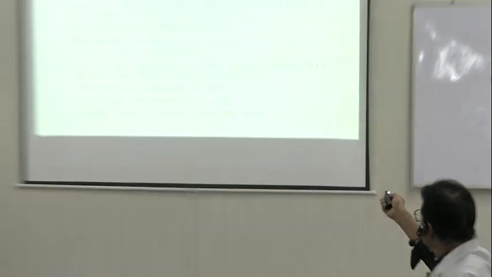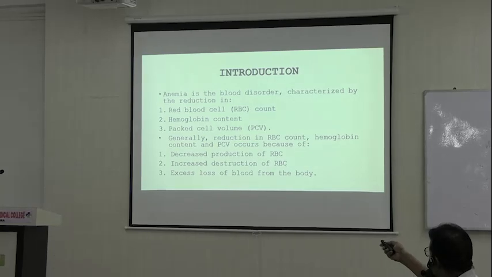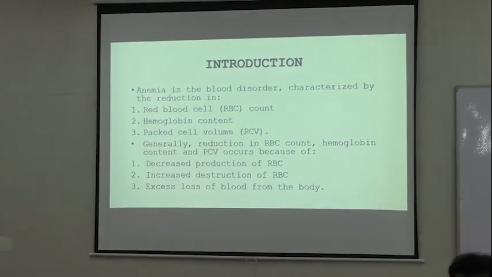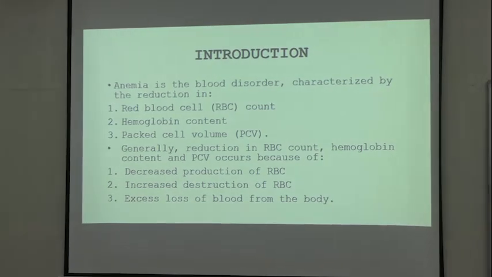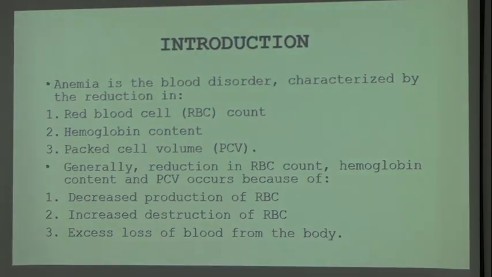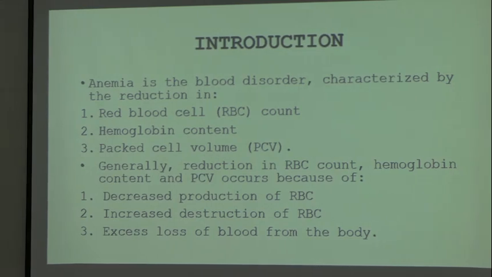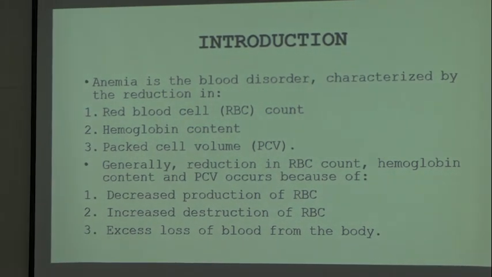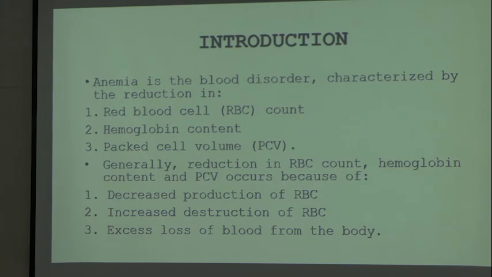So anemia is the blood disorder characterized by red blood cells, hemoglobin content, packed cell volume. Generally there is reduction in RBC count, hemoglobin level and PCV. Automatically this has to happen. And why does it happen? Because of loss of blood, because of lack of production, because of destruction.